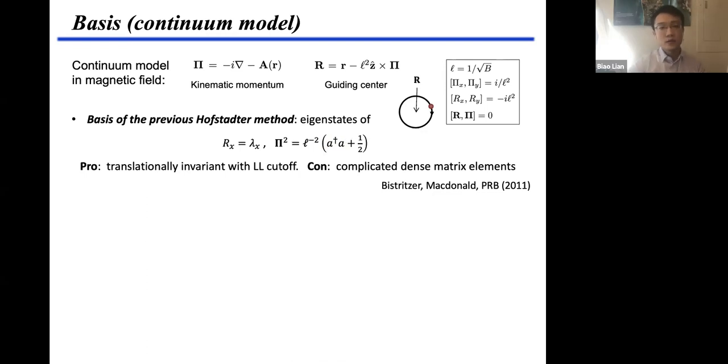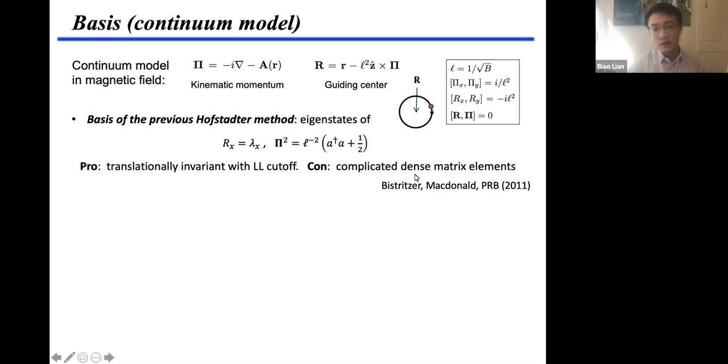The pro of this calculation is that one could take a Landau level cutoff in this method, and the model is still translationally invariant with this cutoff. So one could then apply Bloch's theorem to calculate the Hofstadter spectrum.